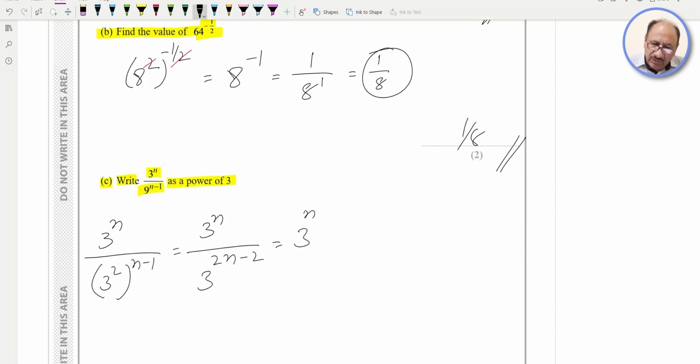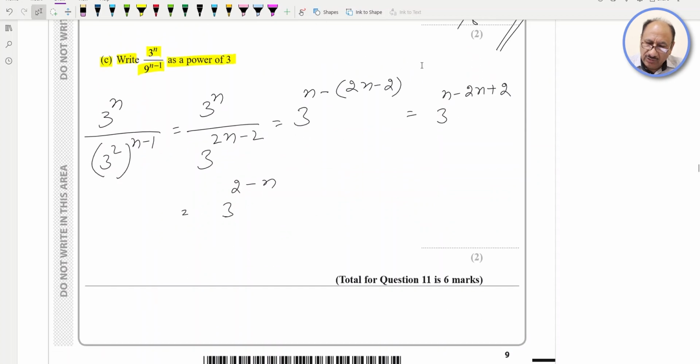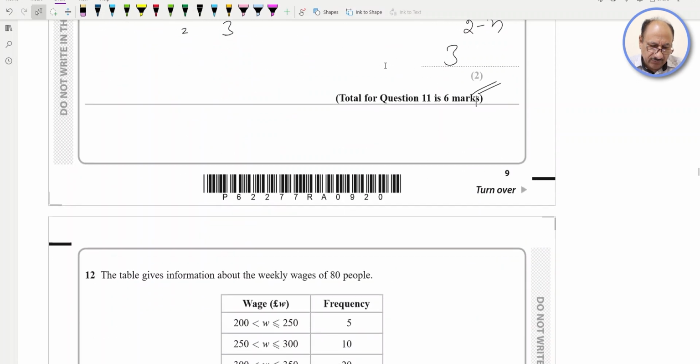So it will be 2n minus 2, and if we open the bracket, it will be 3 raised to n minus 2n plus 2, and this one we can write as 3 raised to 2 minus n, and this will be our final answer. Hopefully you understood this, and we can write 3 raised to 2 minus n. This is a 2 marks part which we are done with.